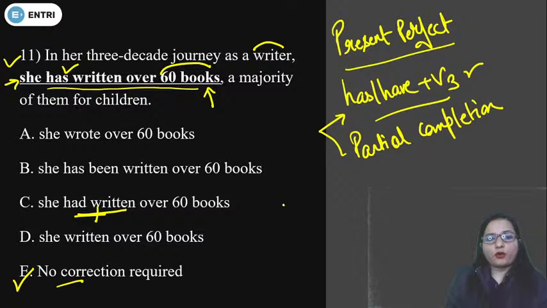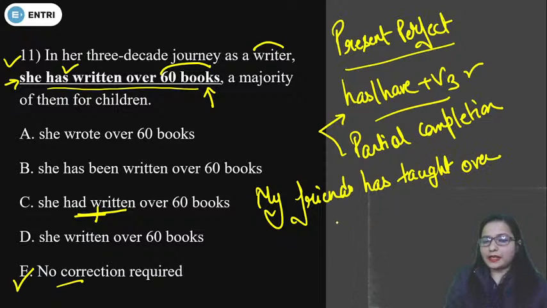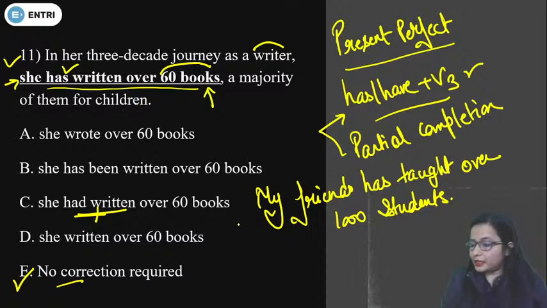Okay, suppose your friend is alive and you're saying, my friend has taught, let's say, over 1000 students. So what do you say? Is this the incorrect sentence?